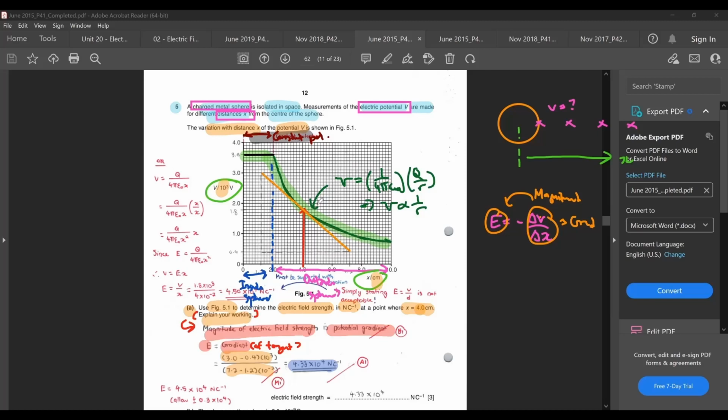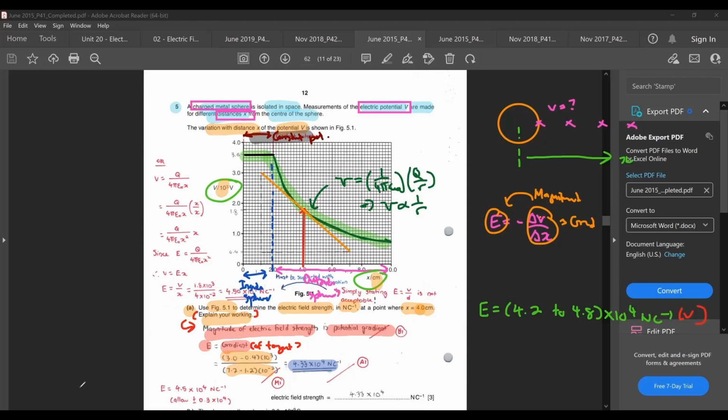But because when you're talking about drawing a tangent and finding the value, every student tends to have a different value, the marking scheme has actually given you a range here. If your E is between 4.2 to 4.8 times 10 power 4 newton per coulomb, it will be acceptable.